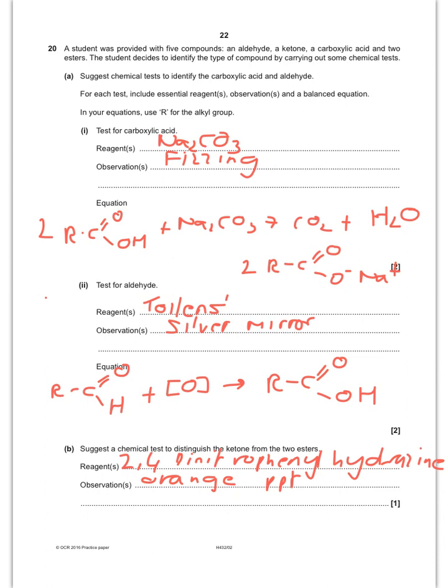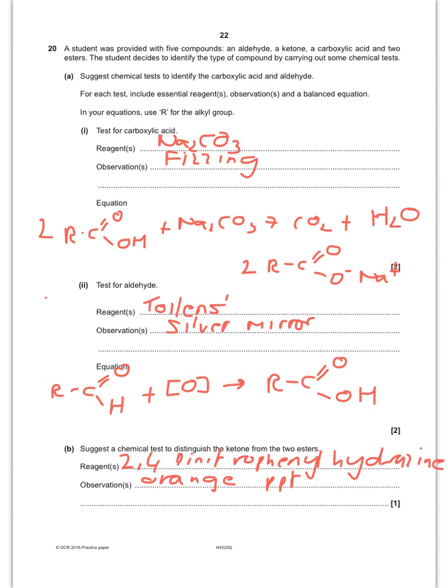So a student's been given an aldehyde, a ketone, a carboxylic acid and 2 esters. I've got to identify the type of compound by carrying out some chemical tests. First of all, how would I test for a carboxylic acid? Well, I've got to make sure that all the other ones will give a negative result. So I can use sodium carbonate for that, and I will see fizzing, and I put the reaction there below.